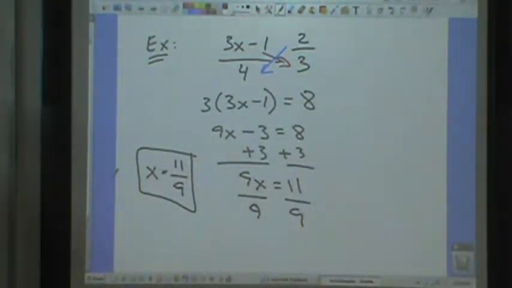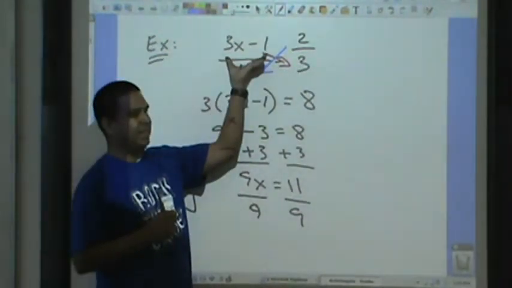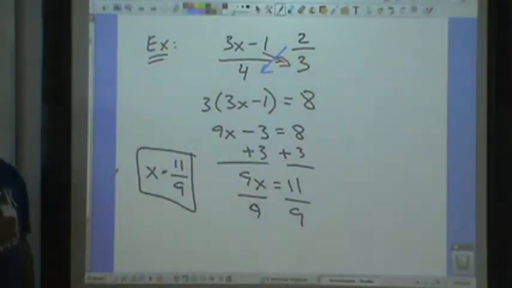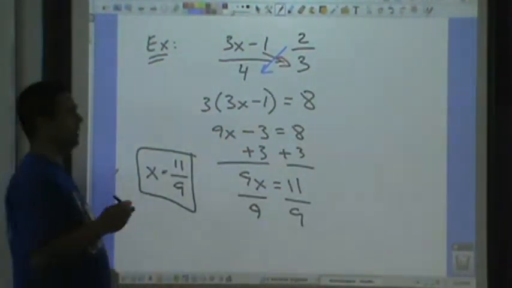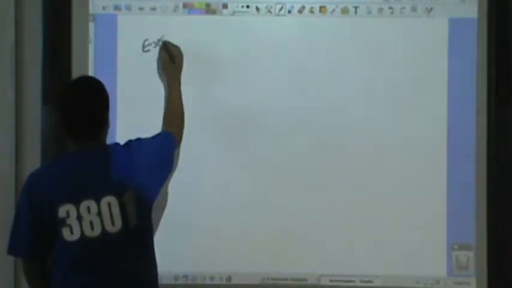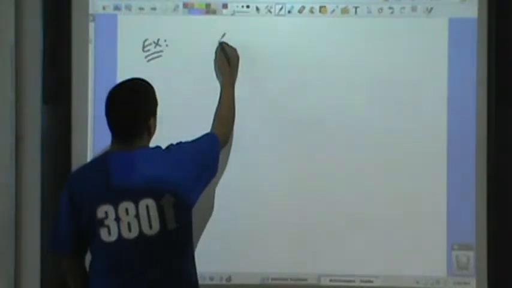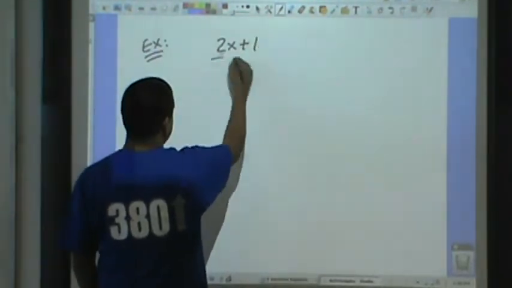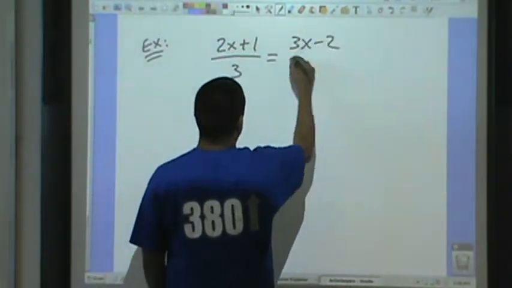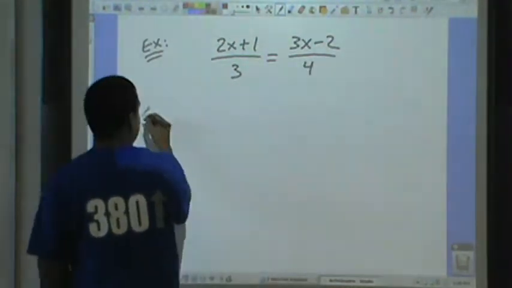Alright. Now I'll give you one last example. What if we had a quantity like this on both sides? Oh, that sounds scary. No, it's not scary. What if we had 2x plus 1 over 3 equals 3x minus 2 over 4?